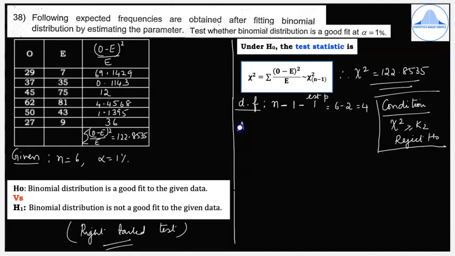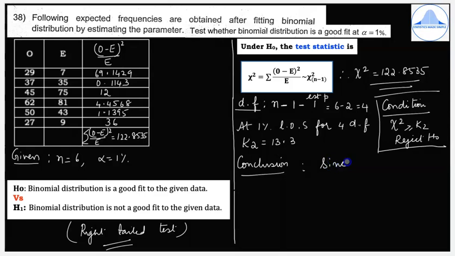So at 1% level of significance for 4 degrees of freedom, from the chi-square tables, you will get K2 equal to 13.3. And then you can write the conclusion.